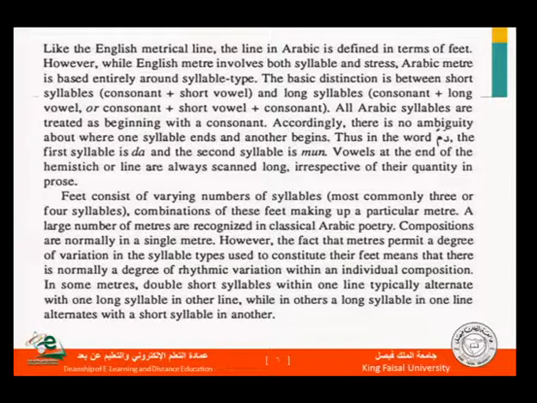So this is the way that Arabic poets construct their poetry. We have meters, we have feet, and we have a severely systematic system in building poetry in Arabic language.